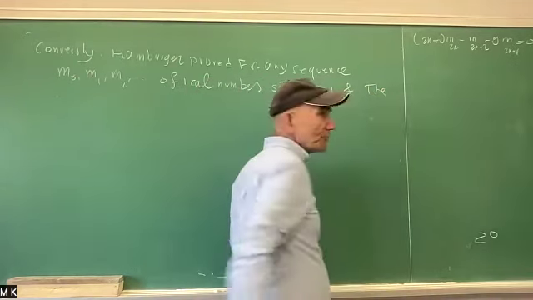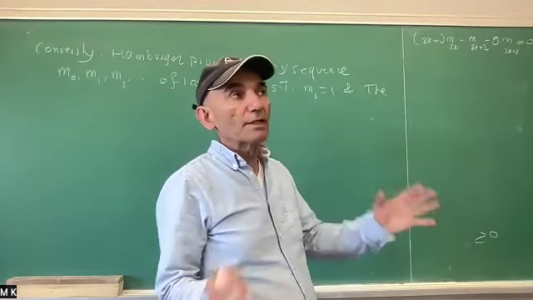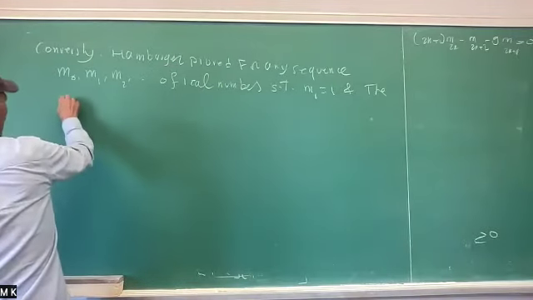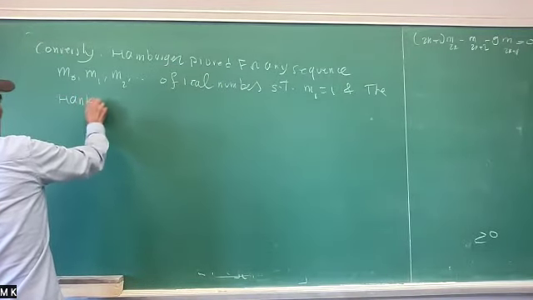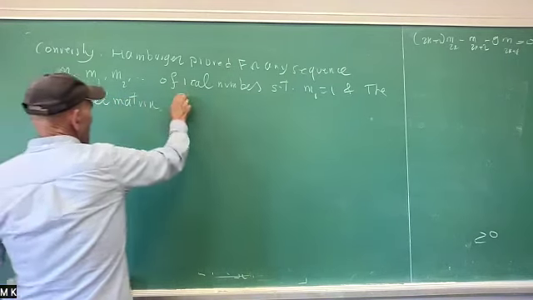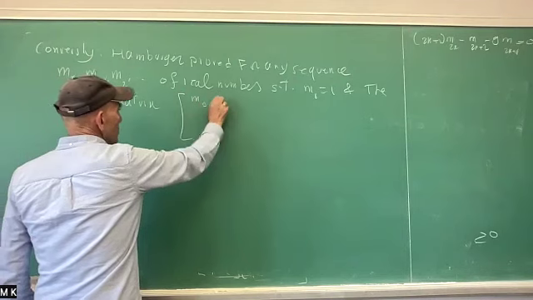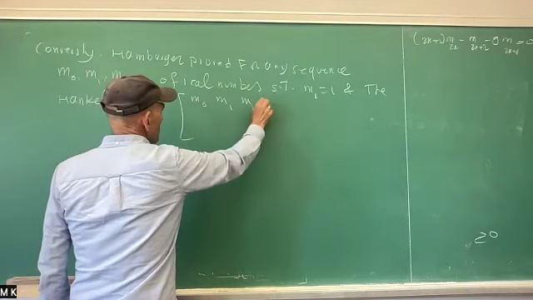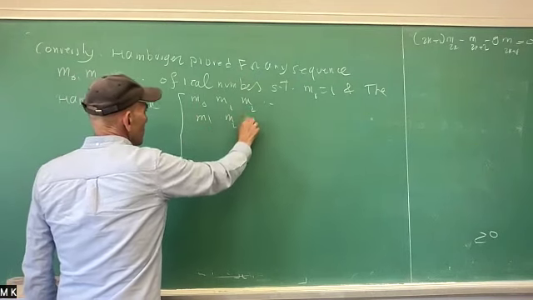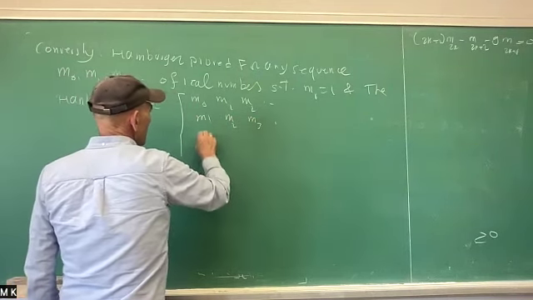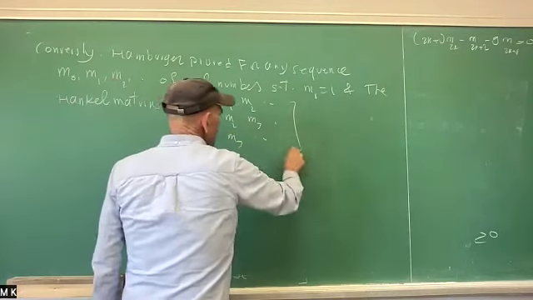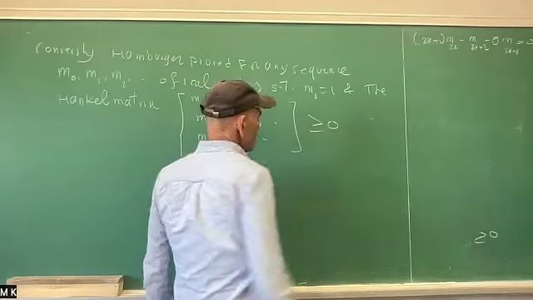By the way, that matrix that I wrote is called the Hankel matrix of this sequence. So this is m0, m1, m2, and then m1, m2, m3, and then m2, m3, and so on, is positive semi-definite.